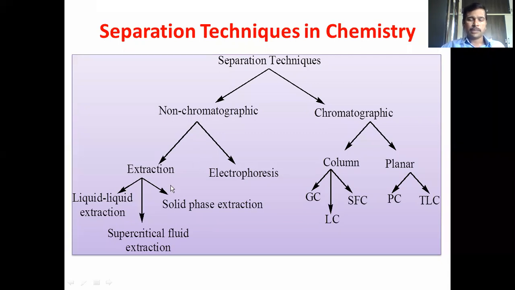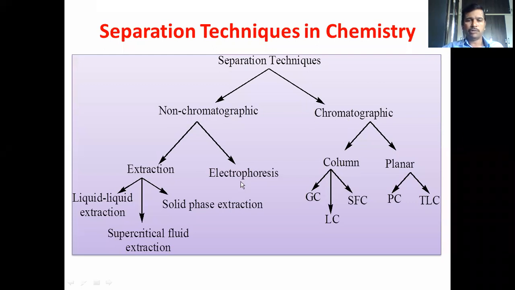On the other hand, apart from these extraction techniques, we will also employ the electrophoretic techniques. Here, analyte will be placed between the two electrodes, and once the power supply is switched on, that means to say that electric field is induced. So soon after the induction of the electric field, the species which are converted by dissociation into positively and negatively charged species will show respective migration towards either cathode or anode.